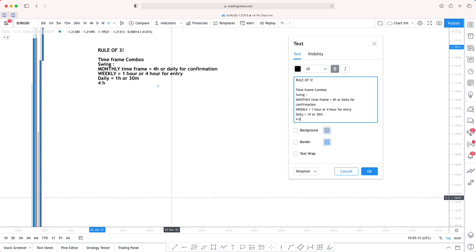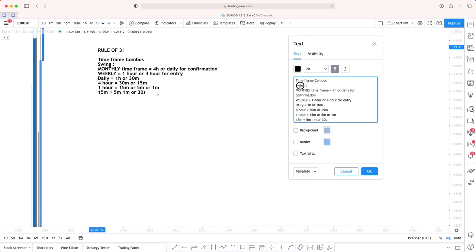If you're going to use the 4 hour, you are going to use the 30 minute or the 15 minute. If you're going to use the 1 hour, you're going to use 15 minute, 5 minutes or 1 minute. And then if you're going to use the 15 minutes, you're going to use the 5, 1 minute or 30 second. Okay, so that's swing trading in those ones.